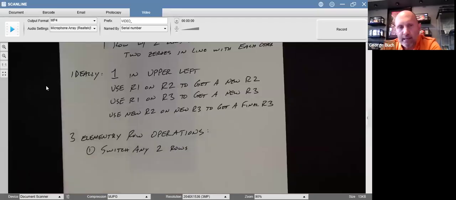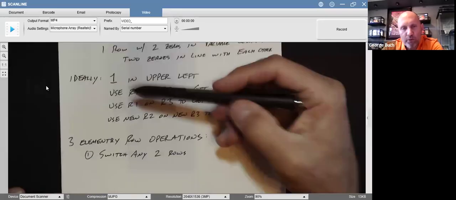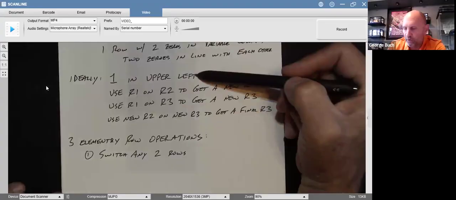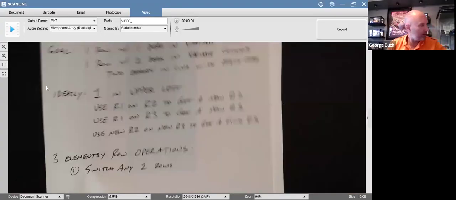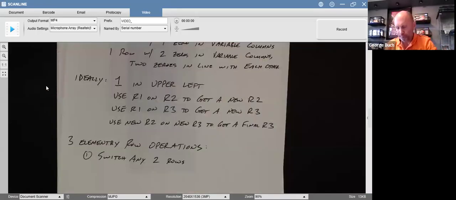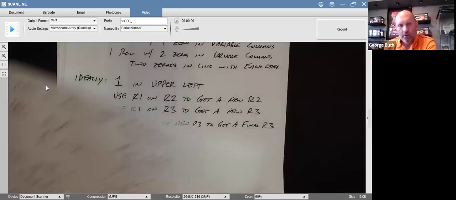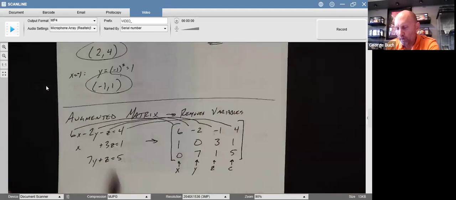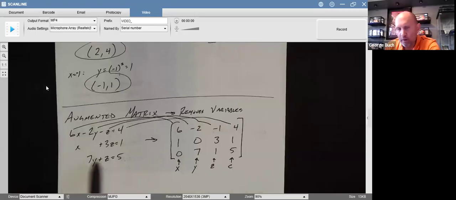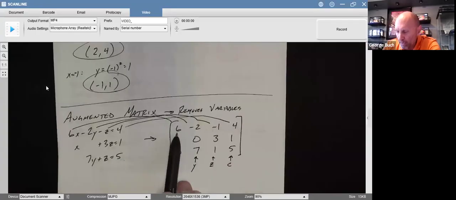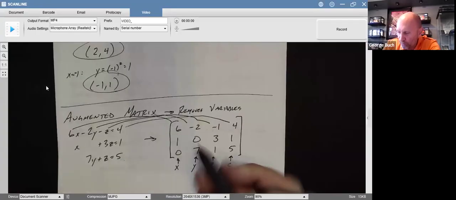Like I said, ideally, I want a 1 in the upper left. Maybe when I was given the problem, this is what I was given, but I didn't start with a 1 in the upper left. I have a 6. But I could switch these 2 rows if I want.